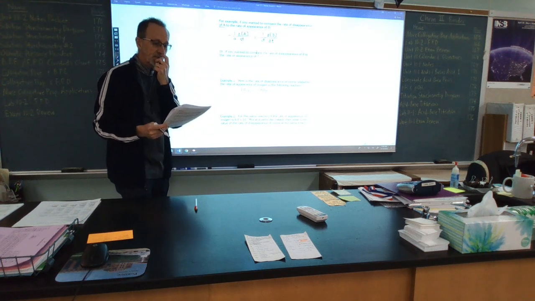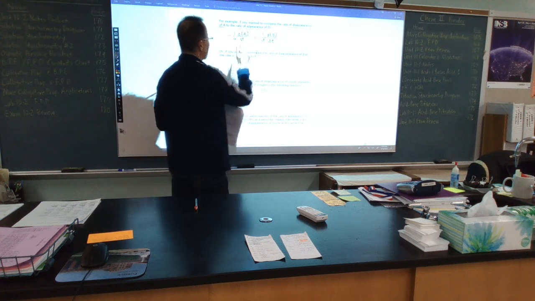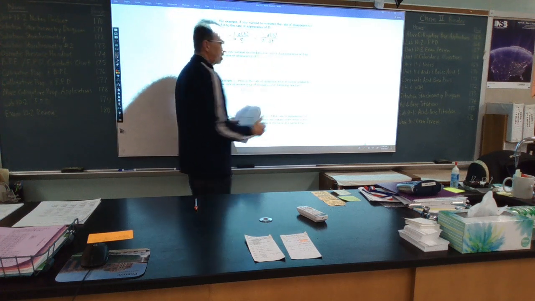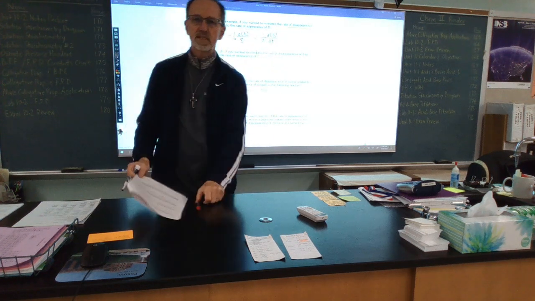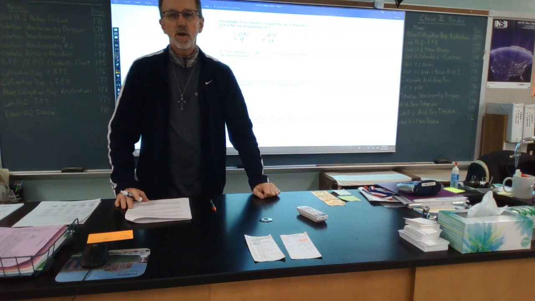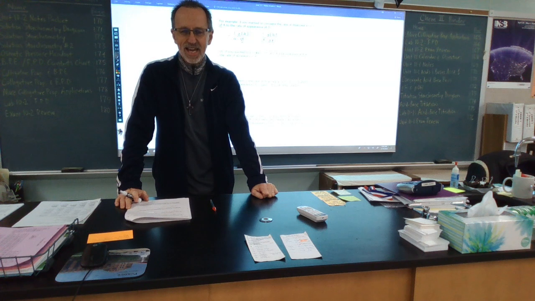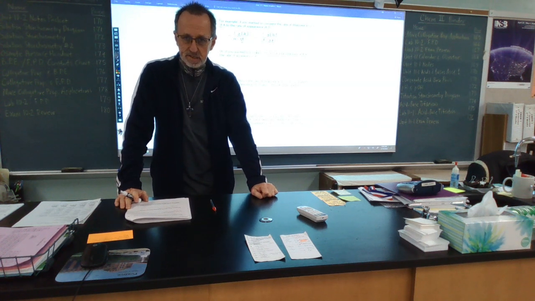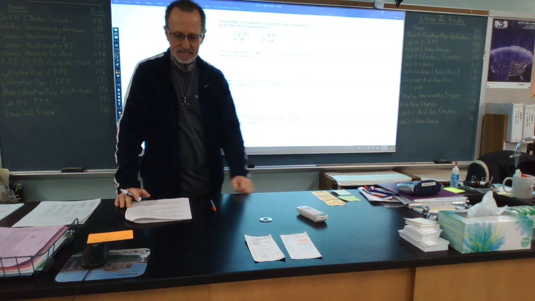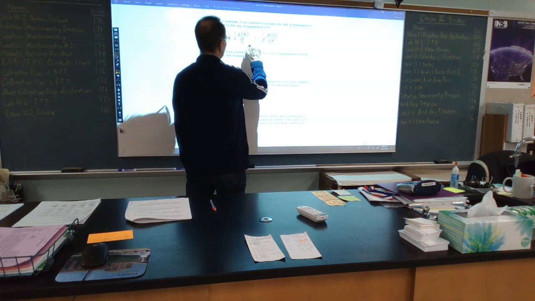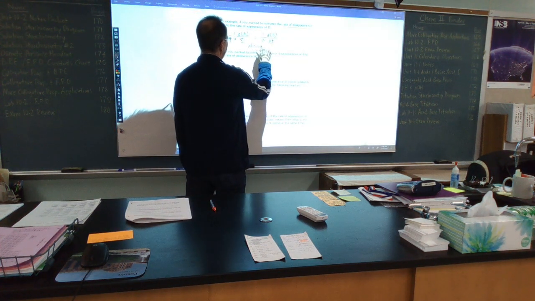Now I want you to know, delta t must be the same. In other words, we have to check that the same quantity of time has passed. So those delta t's are always going to be equal, and so the delta t's will cancel.